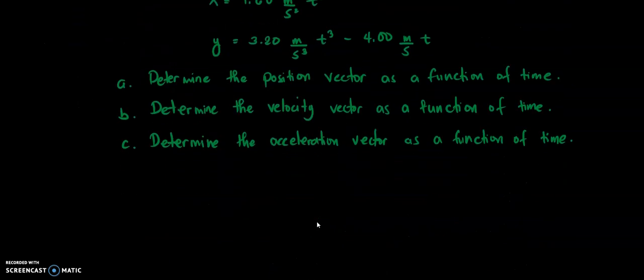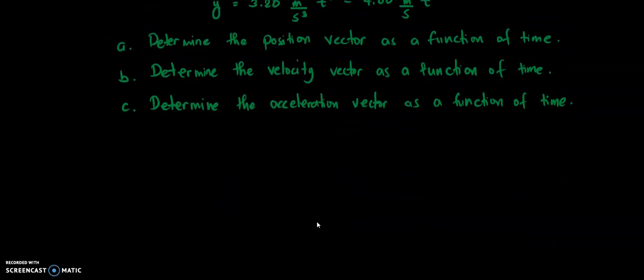For letter A, determine the position vector as a function of time. Take note again that the position vector is denoted by r of t, and that is equal to the position vector along x, i hat, plus the position vector along y, j hat.